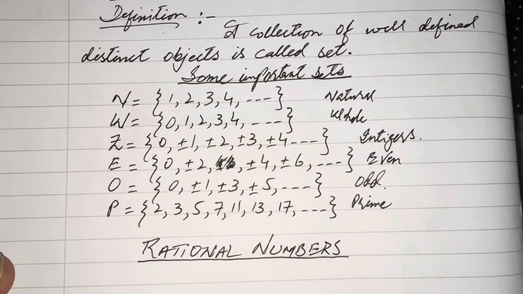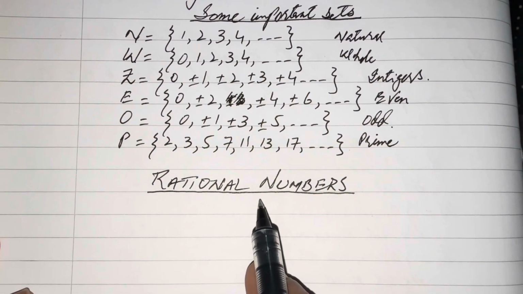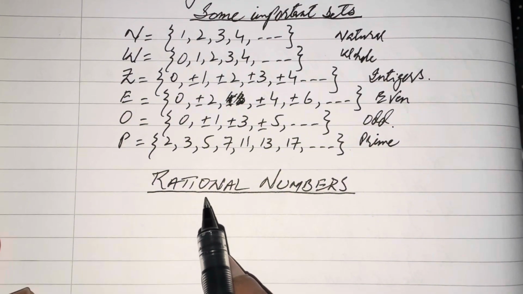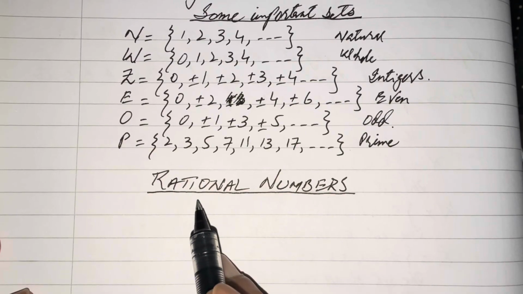And then today we are going to learn about the rational numbers. The set of rational numbers are those numbers which can be written in fractional form.